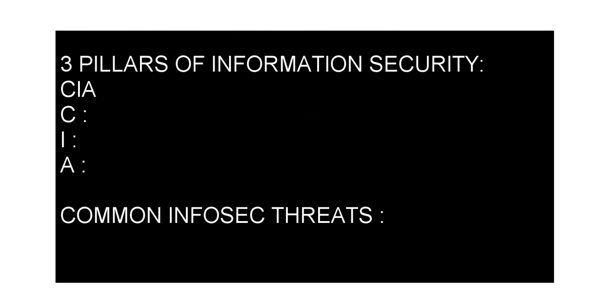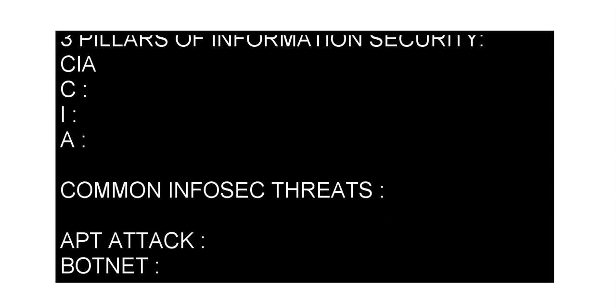Advanced Persistent Threat or APT, which is a sophisticated cyber attack occurring over a prolonged period during which an undetected attacker or a group gains access to an enterprise network and data. Then we have botnet, which is derived from the term robot network. A botnet comprises a network of connected devices an attacker infects with malicious code and controls remotely.